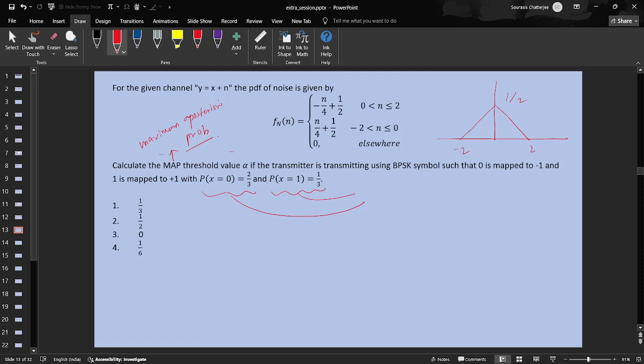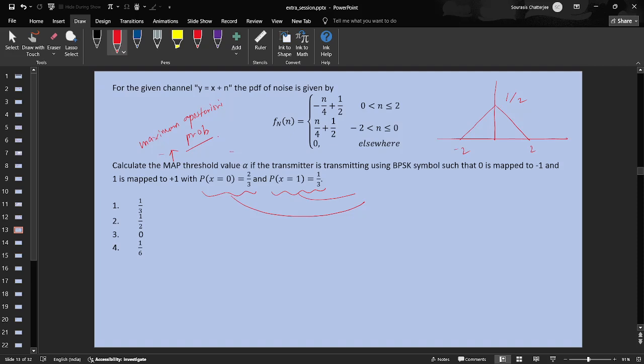See, y is the thing we are observing, x is something that is being transmitted, and noise is something that is corrupting what is being transmitted. So when I say the probability of x being 0 or x being 1, it has nothing to do with our observation. It connects to something even before the event y happened.